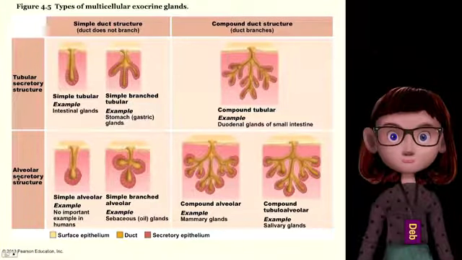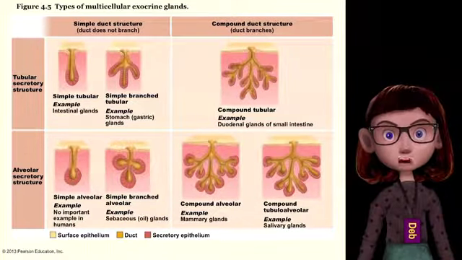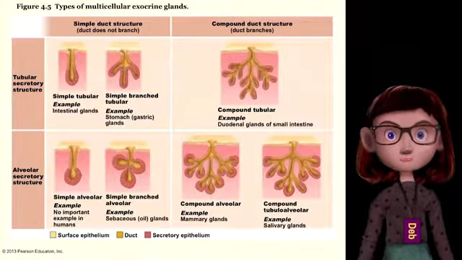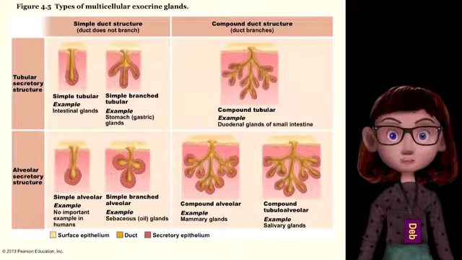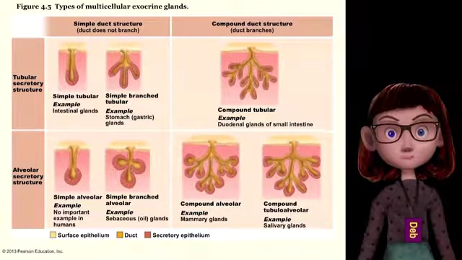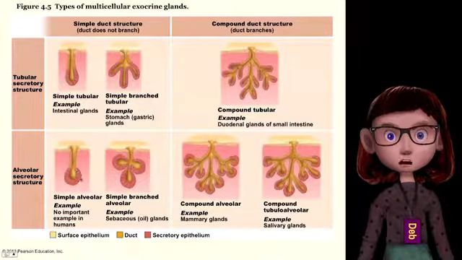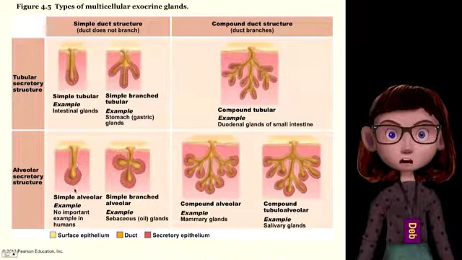These are showing other types of glands that are alveolar secretory structure. Alveolus simply means a sac-like structure. So we have alveoli in the lungs, which are like little sacs. They're collapsible air sacs. Here, this is called an alveolar structure. See how it's kind of rounded? So there could be simple alveolar.